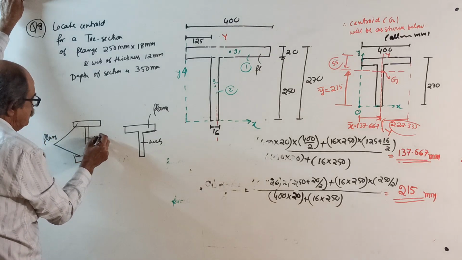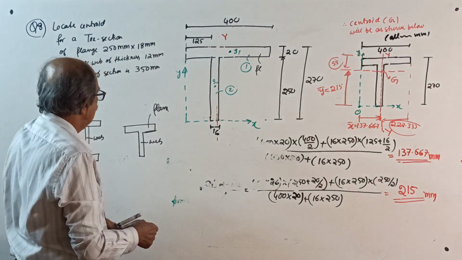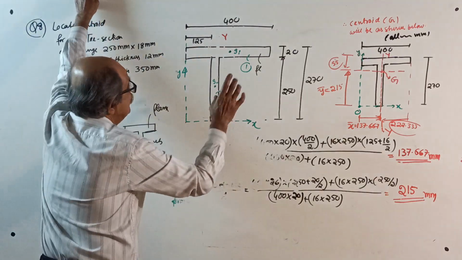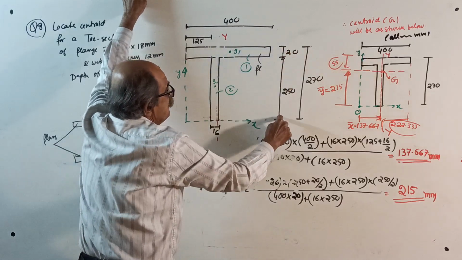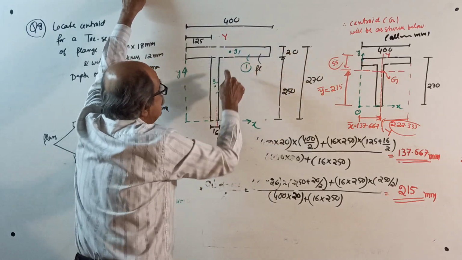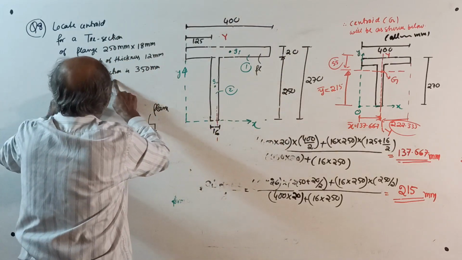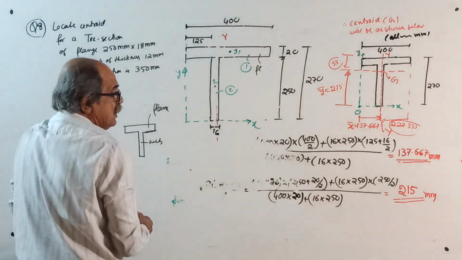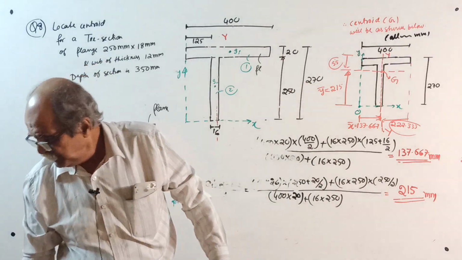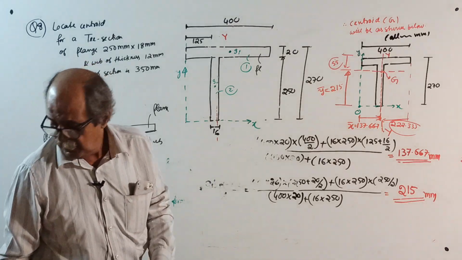This is called web. You should know all these things. Now, last time question, they told this thickness is 20 and depth of web is 250. See, this depth is 250, but this time they are telling you depth of section is 350. Be very careful. Make a note afterwards. This I will tell you once again later. Be very careful for such things.